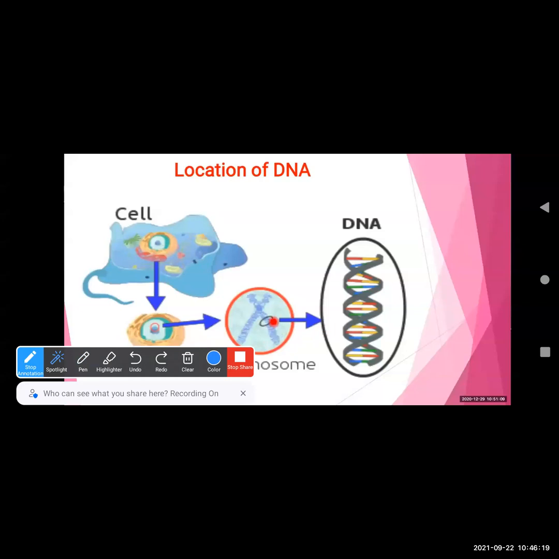It forms a structure that is called a chromosome. So a chromosome is formed of DNA and proteins, right? It is highly coiled and present inside the nucleus, which is present inside the cell. So this is the location of the DNA. Inside the cell is the nucleus, and there are chromosomes, and these chromosomes are made up of DNA. Okay, so everybody should know where this DNA is present.